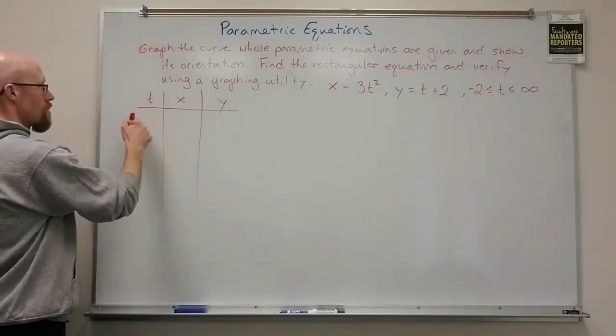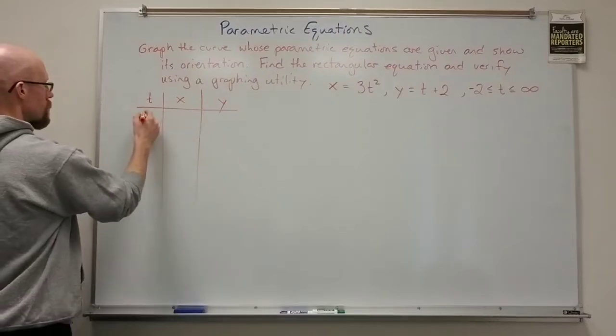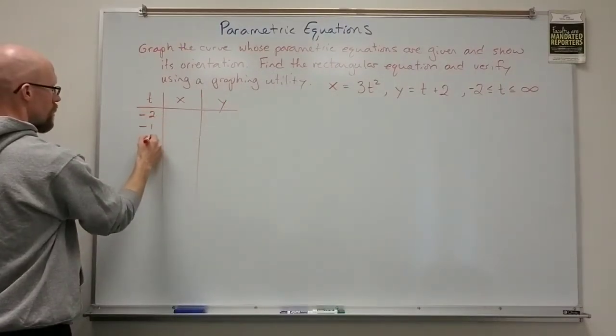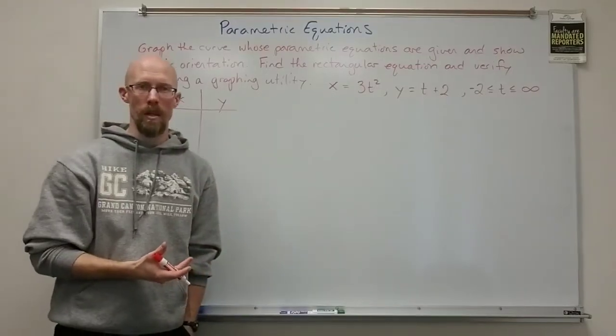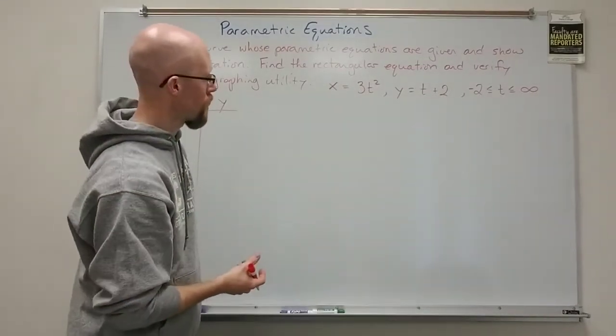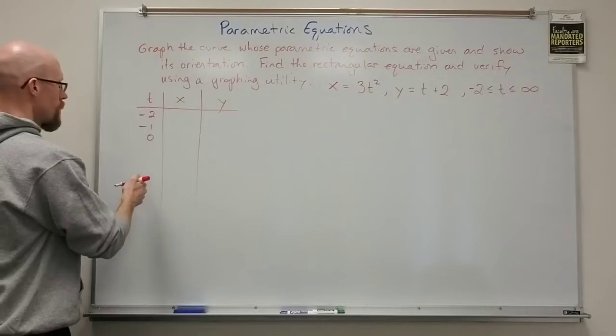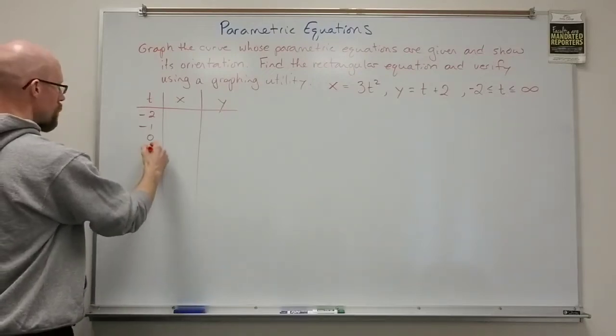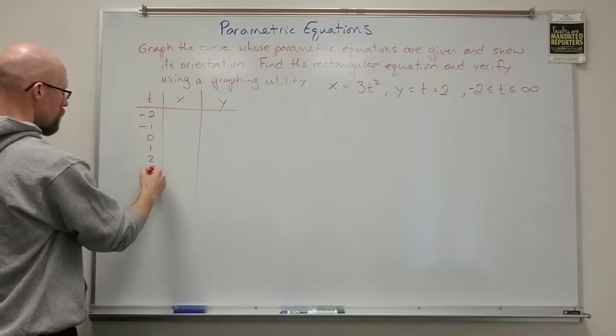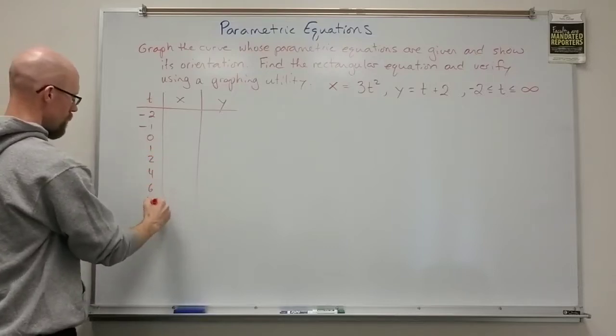So t, let's start at -2, its lower value. Let's go with -1 and 0. That gets us some points that we can easily calculate using some nice arithmetic. And then maybe we'll do 1 and 2, and maybe 4, 6, and 10 or something.